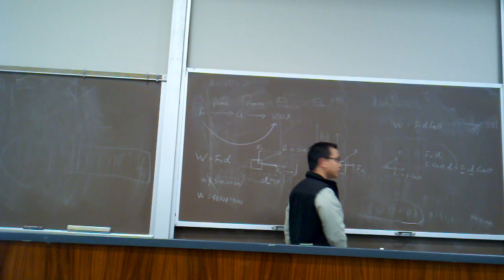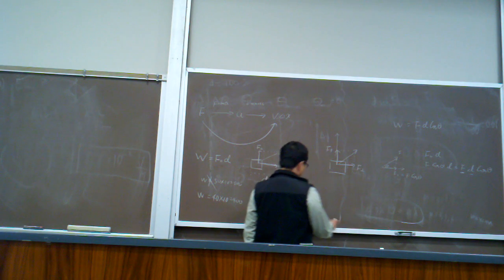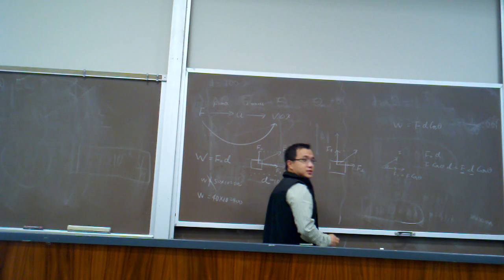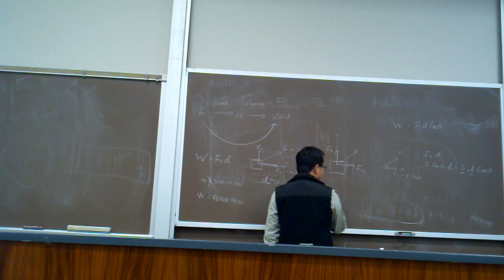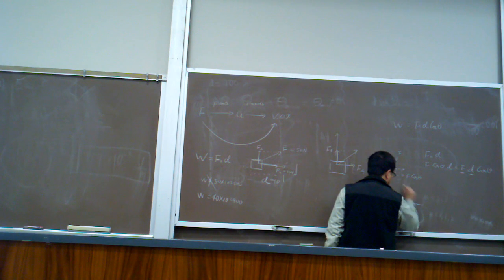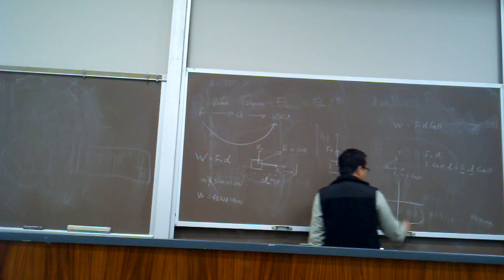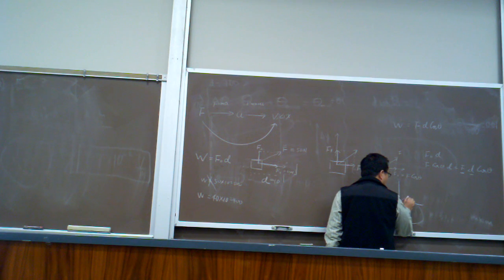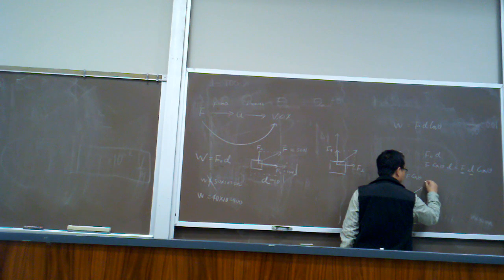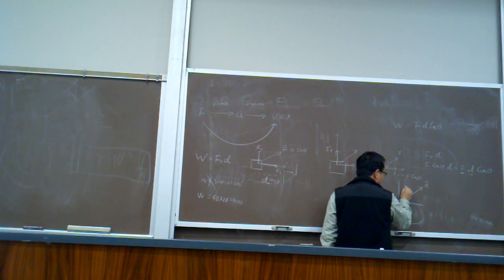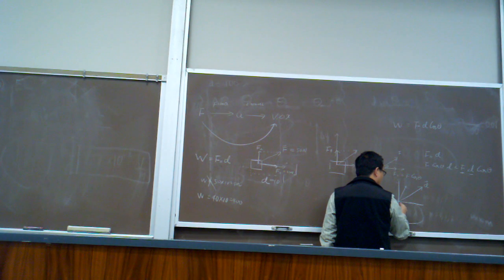But I'm going to give you another situation where theta will not be the same as the orientation angle of the force. For example, this is your coordinate system, and now the object moves along this direction, D, and the force is along this direction.